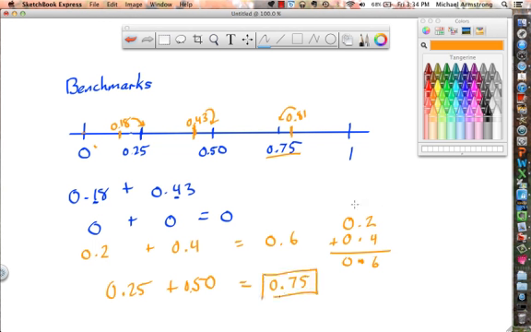Or we could do it the same way, just like we did up here, 0.25 plus 0.50, although I think the point is to do it quickly in your head. And so a benchmark that counts by 25s is reasonable because you can count by 25s pretty easily. Most of you can. It seems to work pretty well.